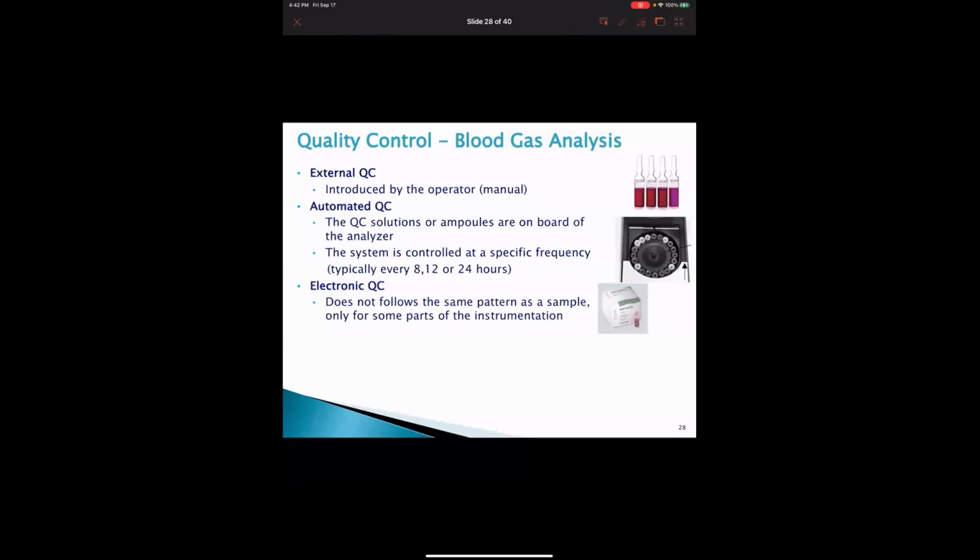And the electronic QC, which does not follow the same pattern as a sample, only some parts of the instrumentation. In the three cases, an instrument is commonly controlled only at the moment of the quality control solution process. So no automatic intervention action is taken after the quality control.